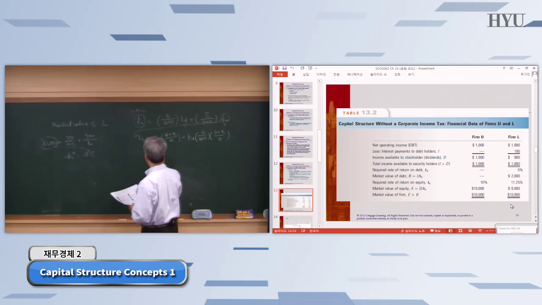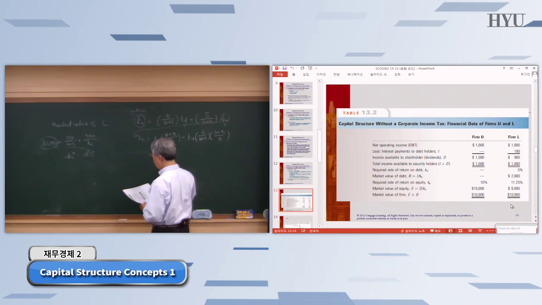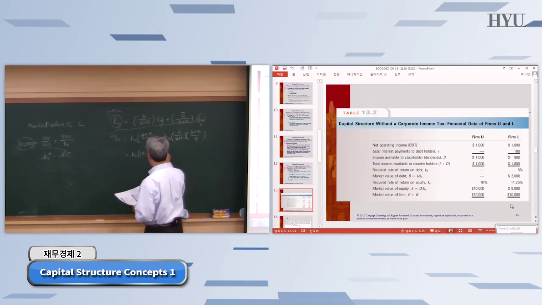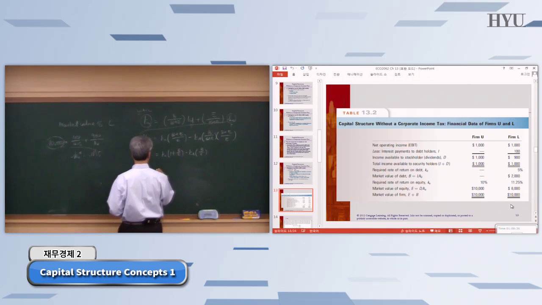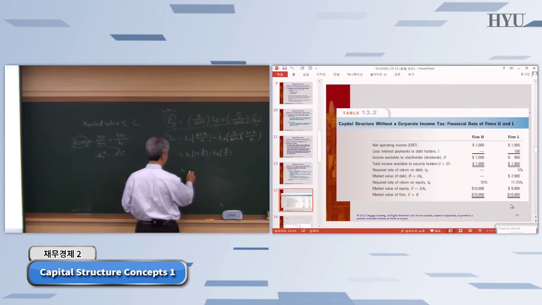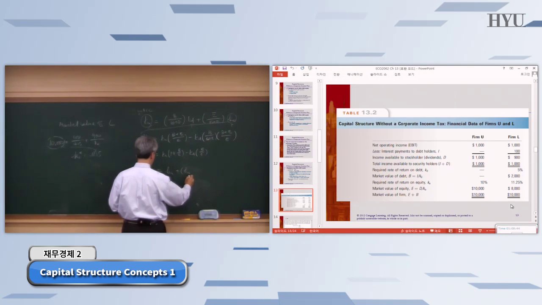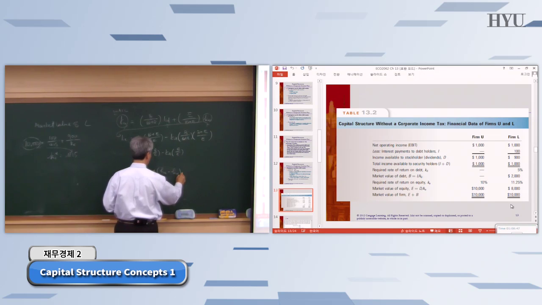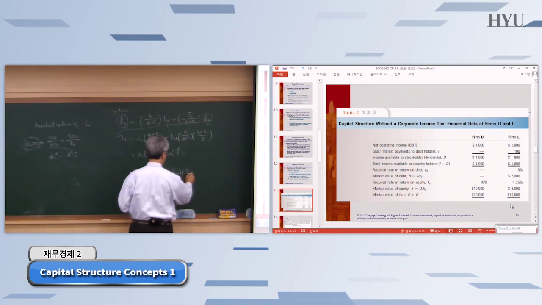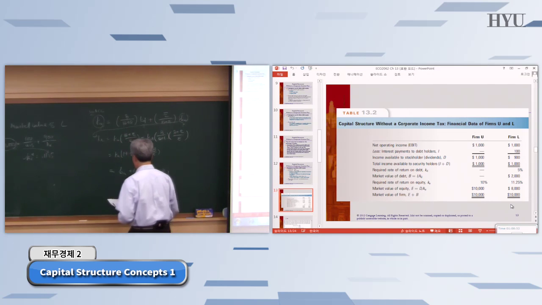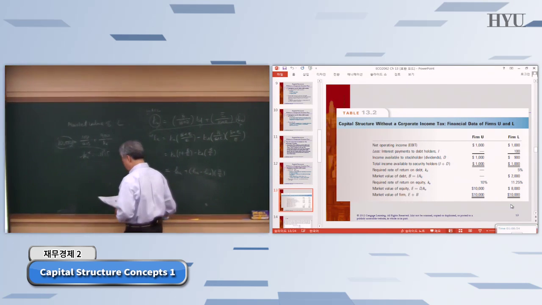And finally, we arrive at KA times 1 plus B over E minus KD times B over E. And from here, we arrive at the final arrangement: KE equals KA plus KA minus KD times B divided by E. Right? All right?